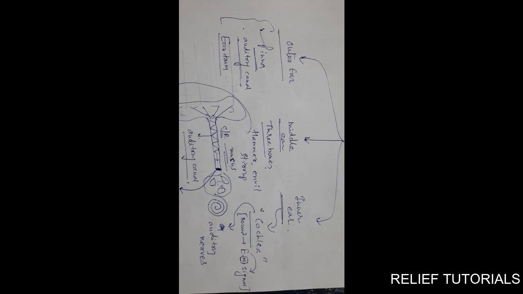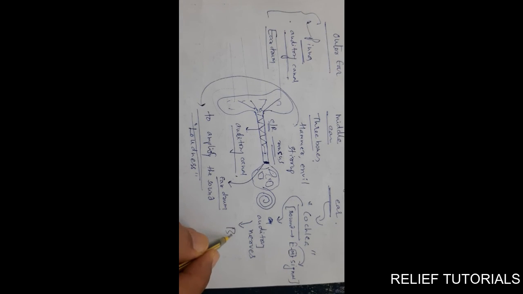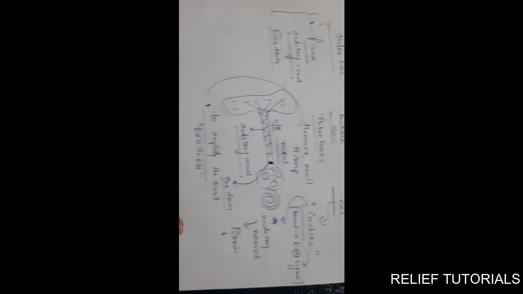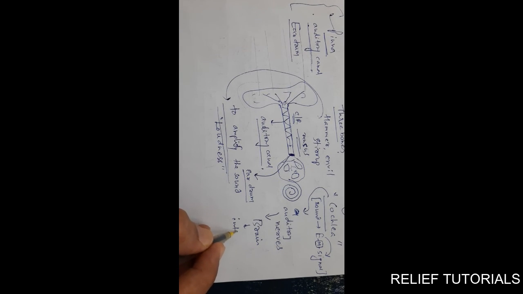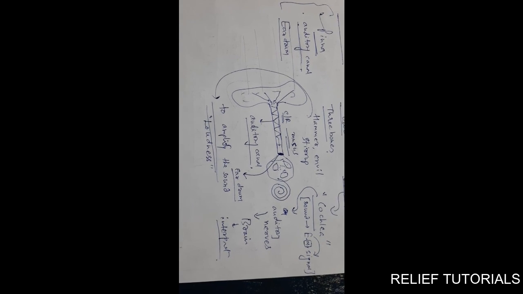Then these nerves carry this signal towards the brain. And what does brain do? Brain interprets that sound. Interpretation of the sound is done by brain.